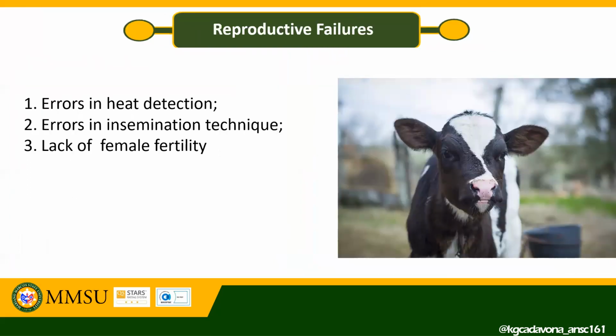Now, for the last slide, I have included itong reproductive failures para to give you some insights for this. So the potential areas of concern for reproductive failures include yung errors in heat detection, errors in insemination technique, and lack of female animals na fertility.